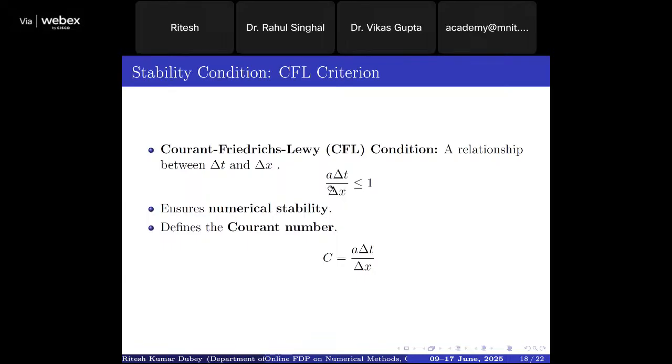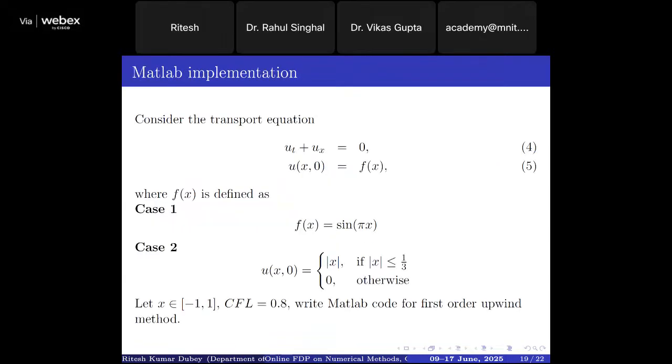Once you choose delta x, delta t is what you can use to satisfy this CFL condition in order to ensure stability. And this quantity a delta t by delta x is called the Courant number. This is the theoretical background.